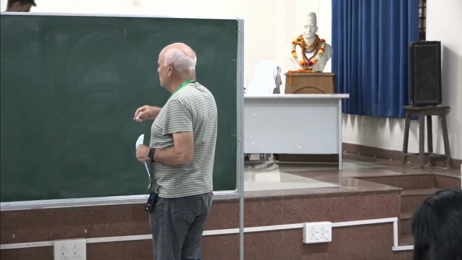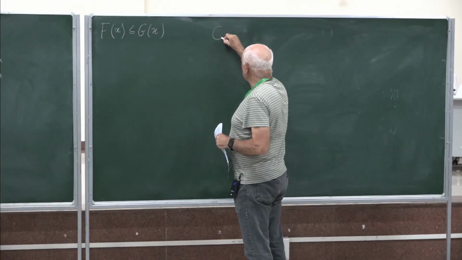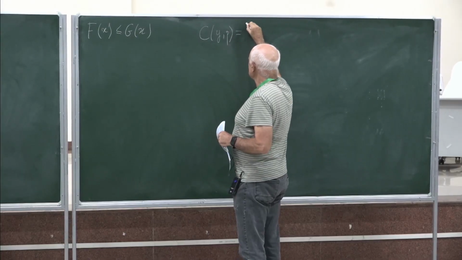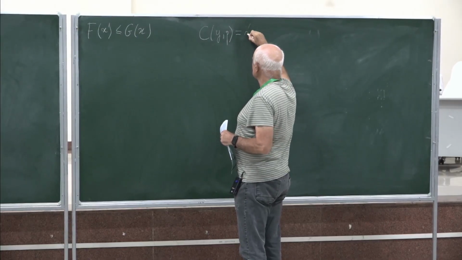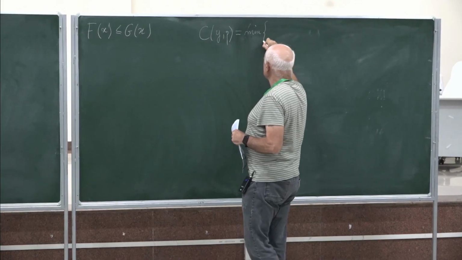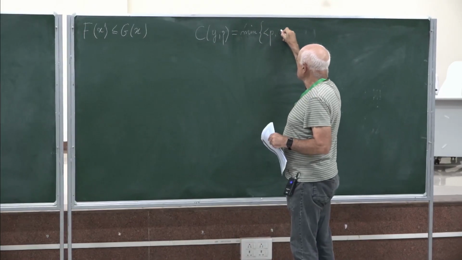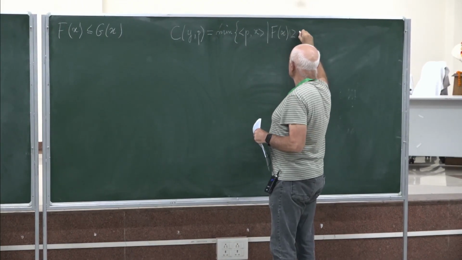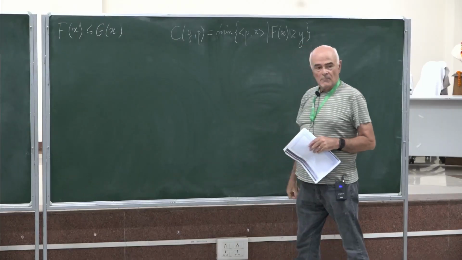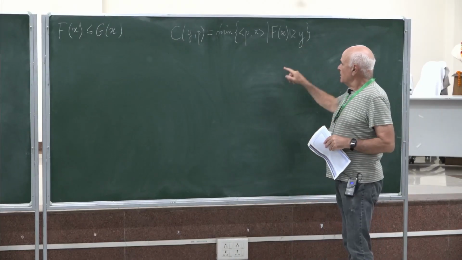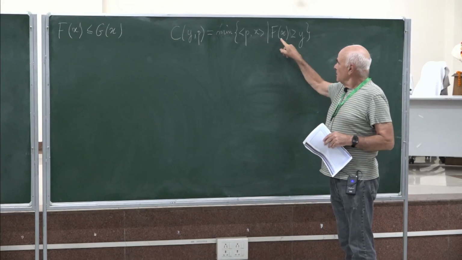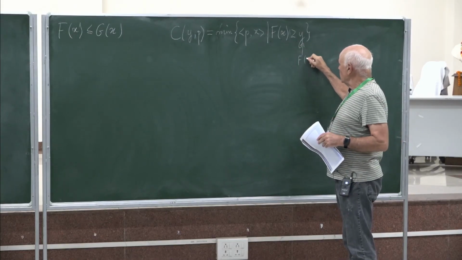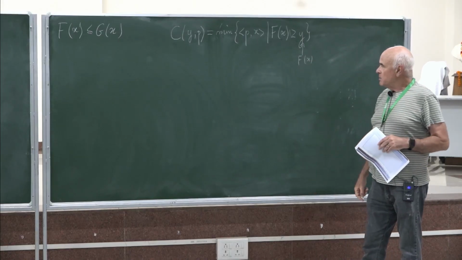The reason was that if you look at the definition of the cost function, then this inequality holds in particular for that given x when y is equal to f of x, obviously.